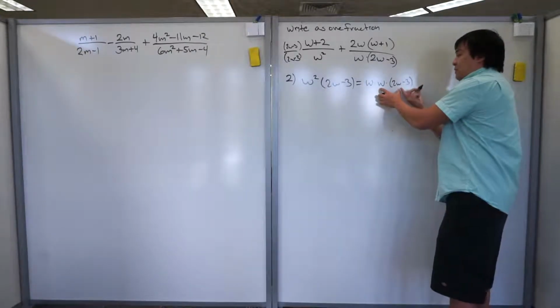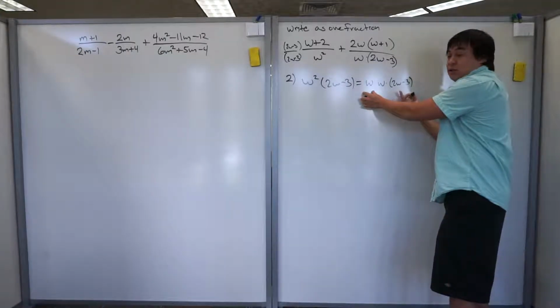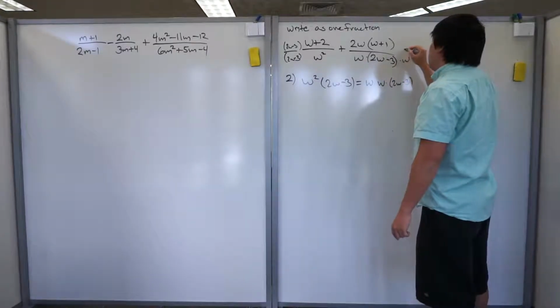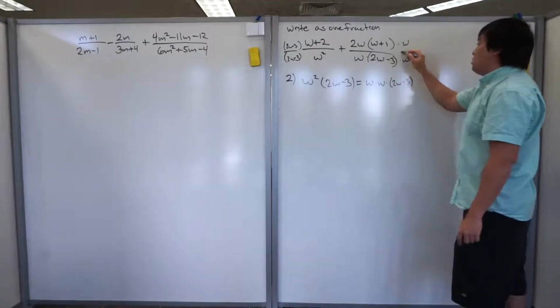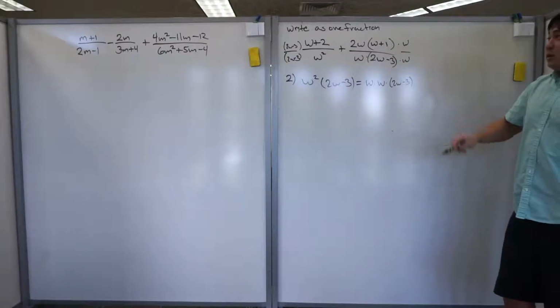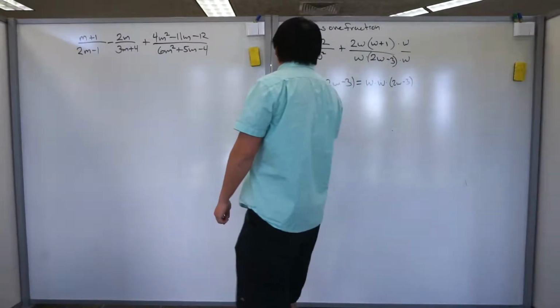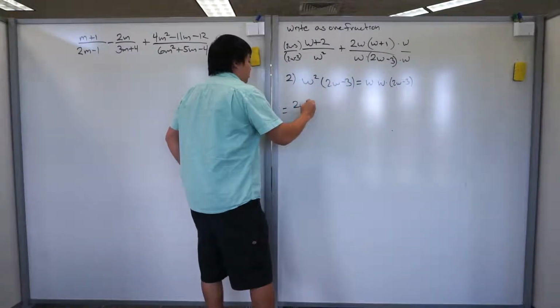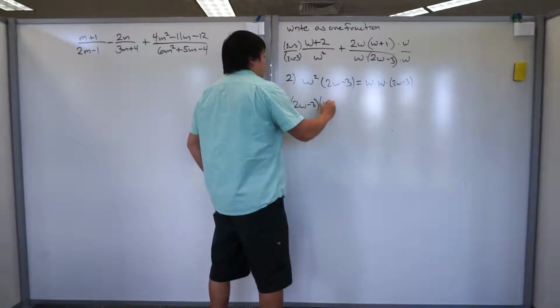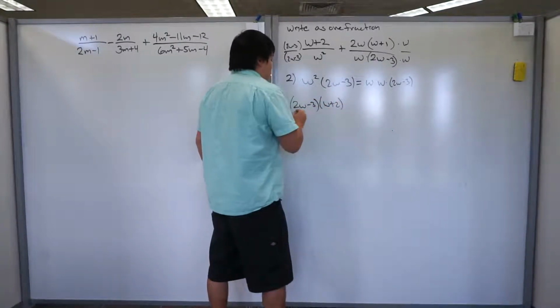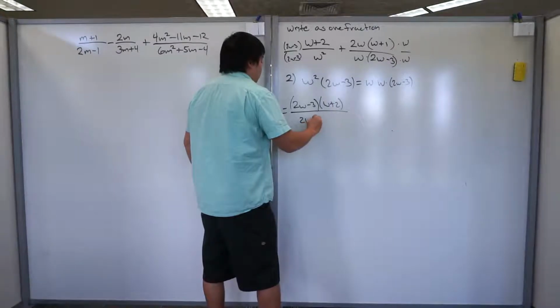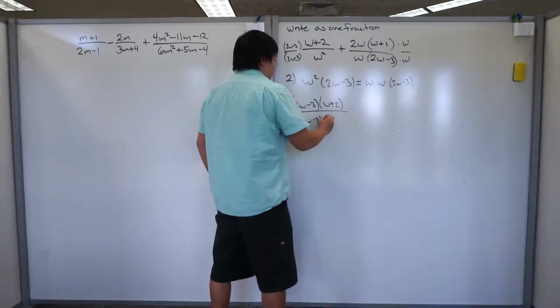So here I have this portion, but I'm missing this single W. So I need to multiply the top and bottom by W. So let's go ahead and write all of that out underneath, which is going to be 2W minus 3 times W plus 2 divided by 2W minus 3 W squared.